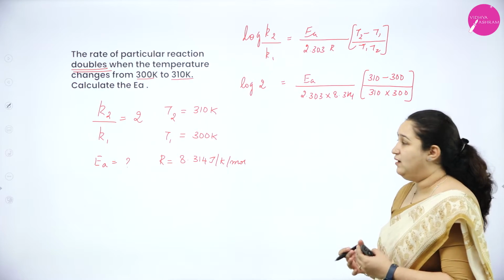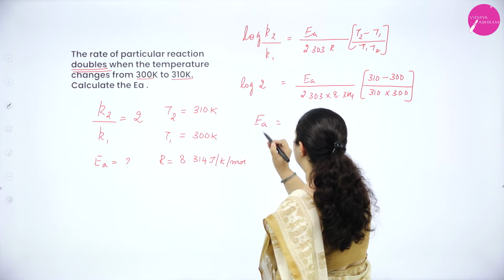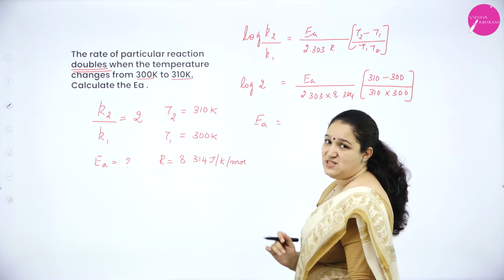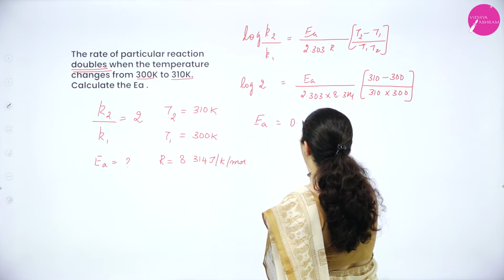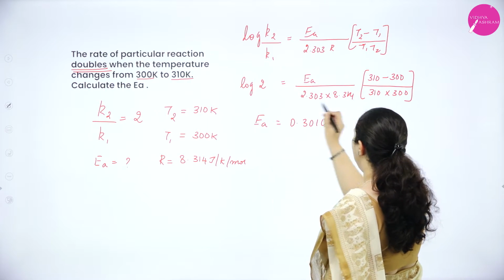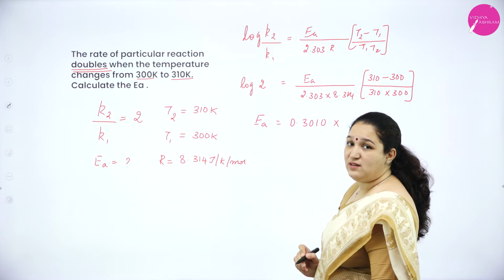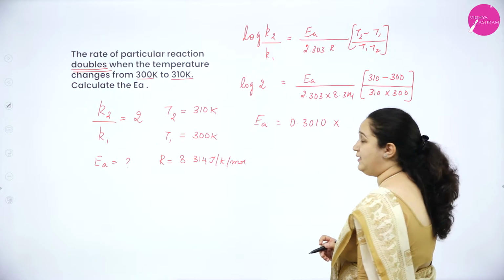Now what did I tell? Keep activation energy on one side and move the rest to its respective place. So log 2 value is 0.3010 into, what is there in the denominator will go to the numerator when we move to the other side, isn't it?